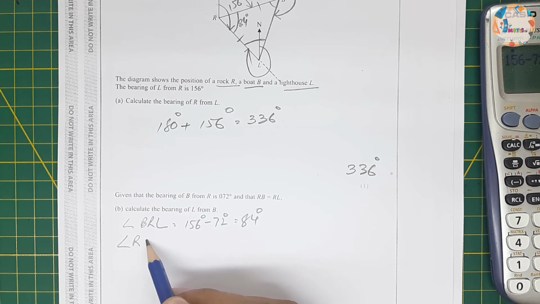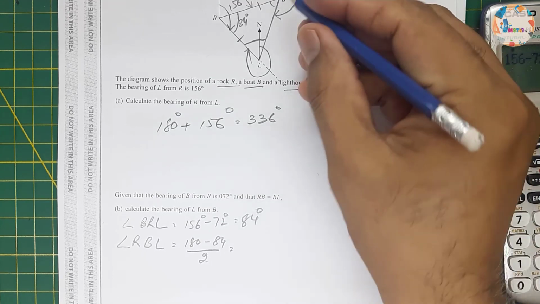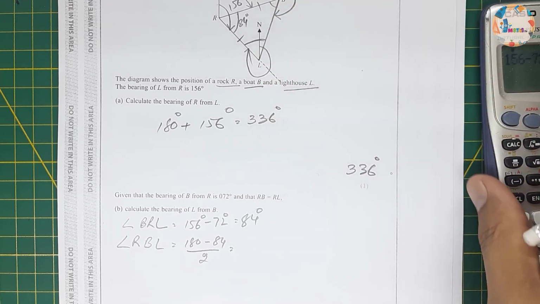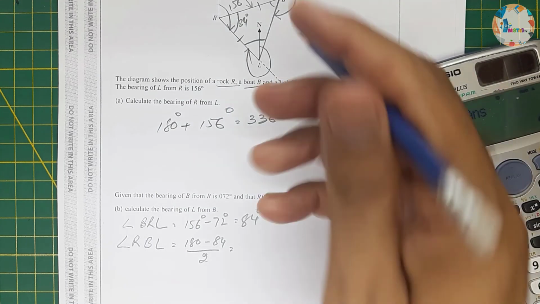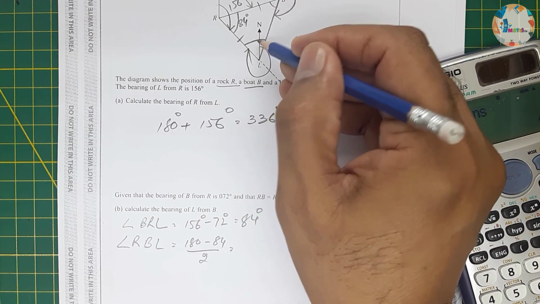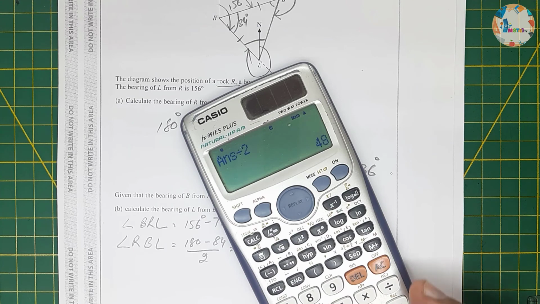Then we can write angle RBL will be equal to 180 minus 84, divided by 2. Because these two angles, 180 minus 84 is 96. So 96 will be divided into two angles. 96 divided by 2 will give us 48.